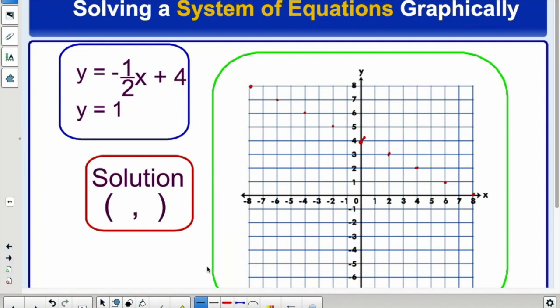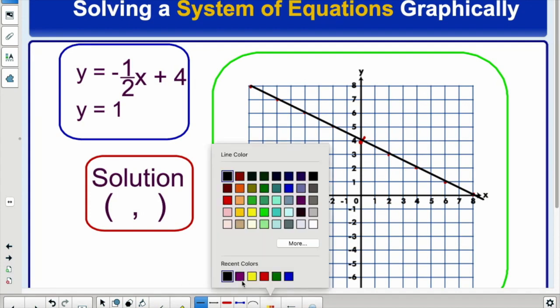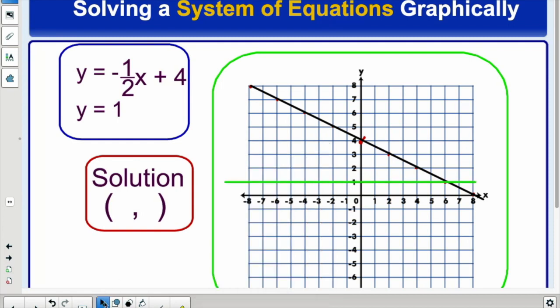So it's going to be a horizontal line going across. So y equals 1 is actually going to look like this. Where y is 1, it's literally just a horizontal one where all the y values are 1. So if you look at our intersection point, the intersection point there would be 6, 1.